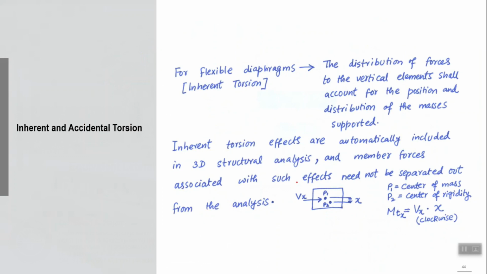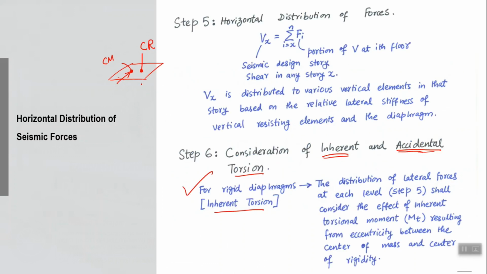But for flexible diaphragms, the program will divide the force, because you know in case of rigid diaphragm, there is one force per story, because it is all rigid, right. So, it is applied only at center of mass. So, if the center of rigidity is at a different location, whatever is the actual eccentricity, the moment will be produced automatically when the force is applied at center of mass, right.